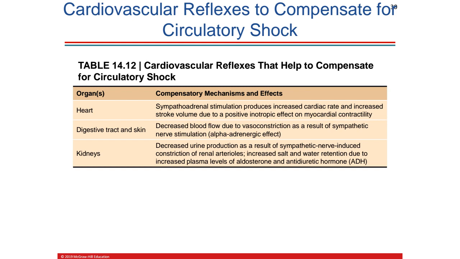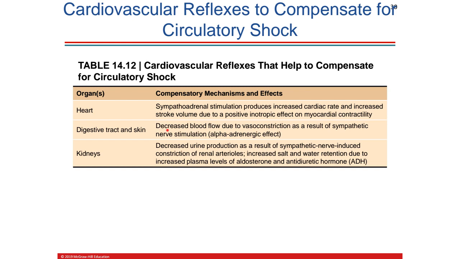At the same time, when you're in a state of shock, the body prioritizes certain organs. The two primary organs that are prioritized are the heart and the brain, and I think also some of the respiratory muscles. Other organs are less prioritized.